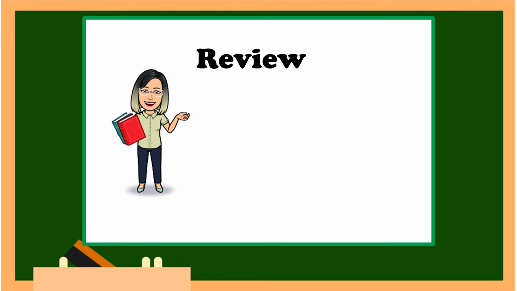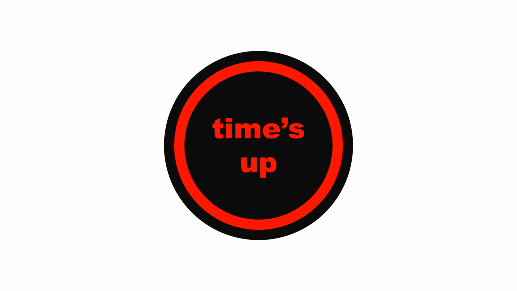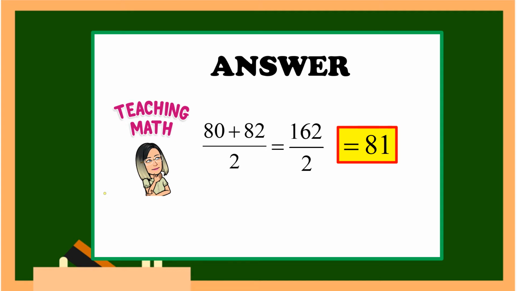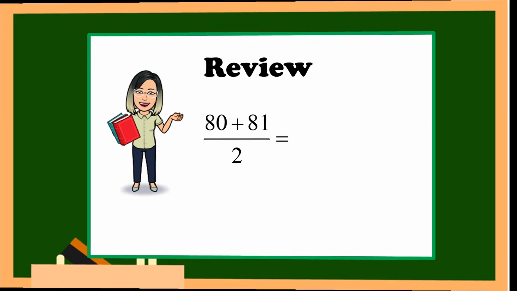What is 80 plus 82 divided by 2? The answer is 81. What is 80 plus 81 divided by 2?